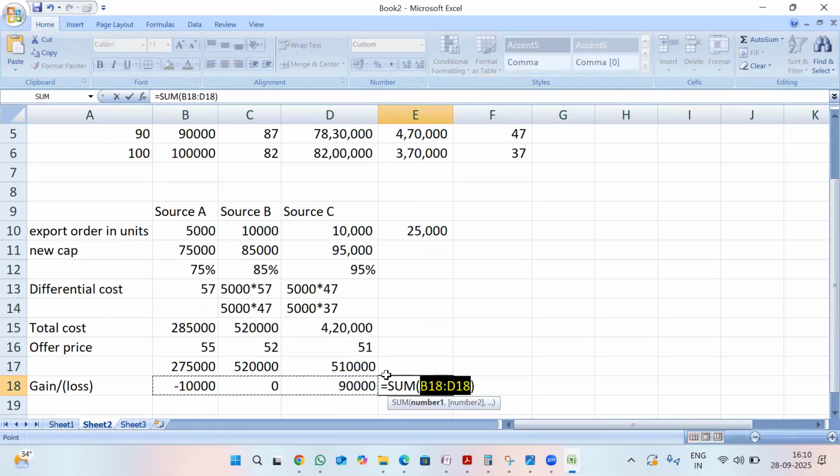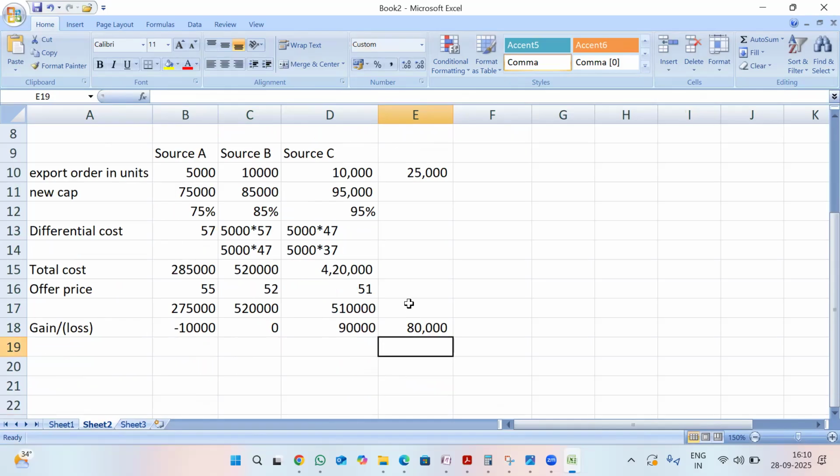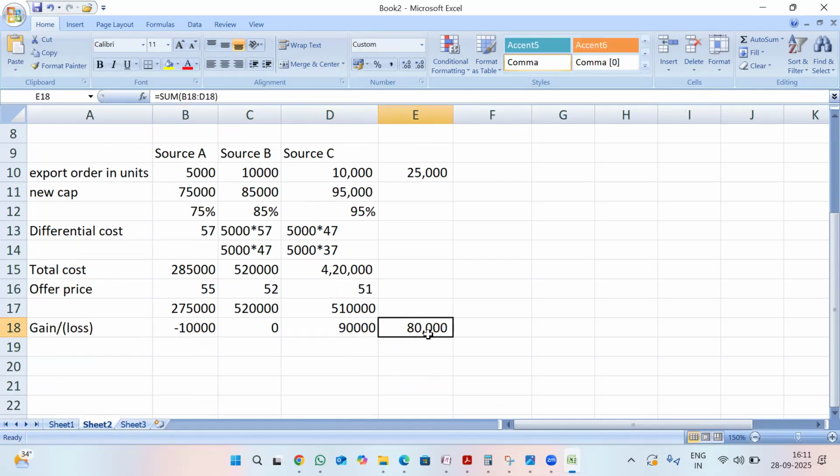So I will be able to generate an overall income of 80,000 rupees. Now, I want to write my decision, right? Whether I can accept A, B, or C. I have to accept all these three orders in order to get 80,000 profit.